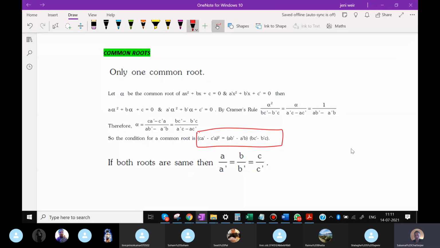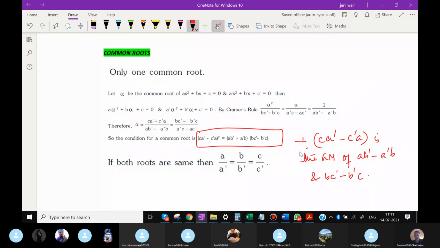That means C A dashed minus C dashed A is the geometric mean of A B dashed minus A dash B and B C dashed minus B dash C. If the equations are the same, then A by A dash will be equal to B by B dash will be equal to C by C dash.